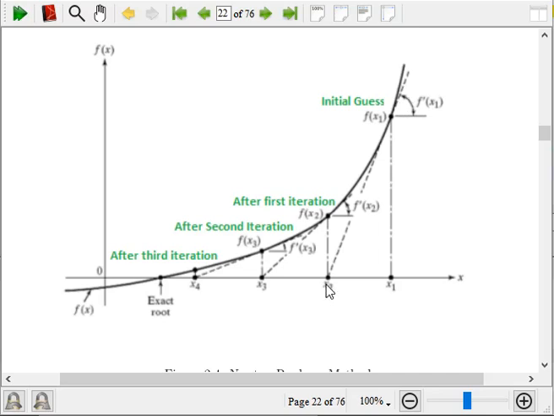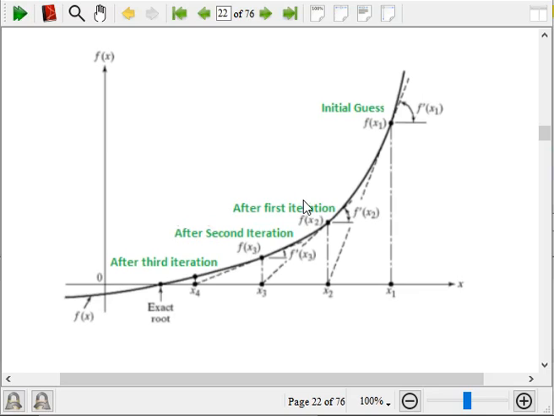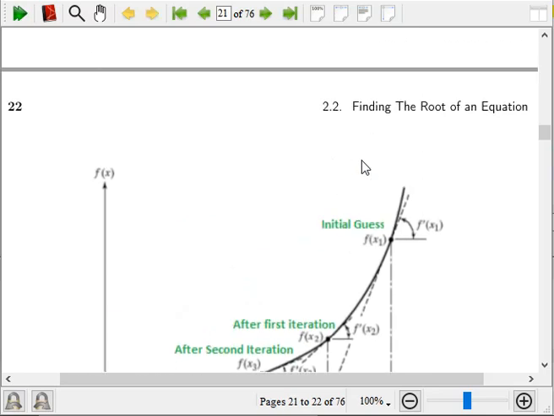Then we draw a tangent again and get a new one. We keep going until we get to the root, where the curve crosses the x-axis. We keep going until the interval is very small, and that point is taken as the root of the equation. So this is the tangent case.